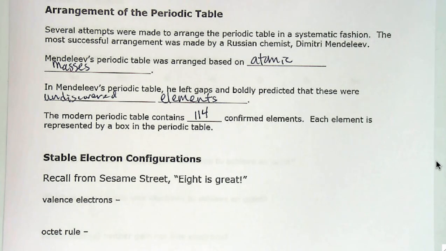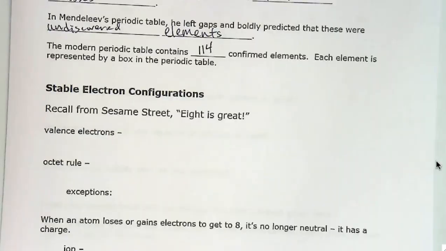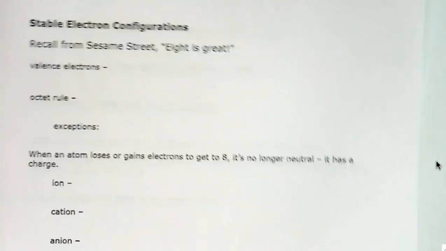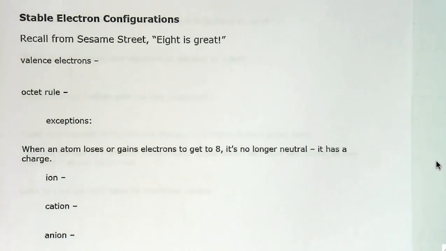All right. So, stable electron configurations. I always like explaining this. If you remember from Sesame Street, 8 is great. It truly is in chemistry. When you have 8 valence electrons, you have a very stable element. So, valence electrons, what are they?